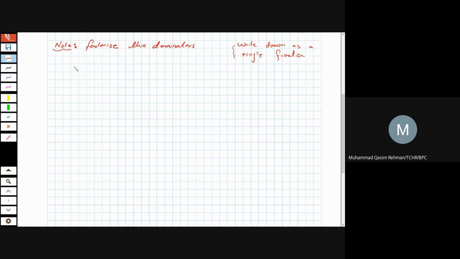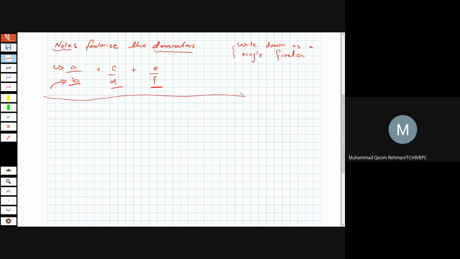You have multiple fractions, so check all the denominators. If they're already in factor form, that's fine. If they're not, make sure you factorize them. Forget about the numerators. I'm focusing on the word denominators. So do not factorize the numerators, factorize the denominators only. This is the first thing you have to do.